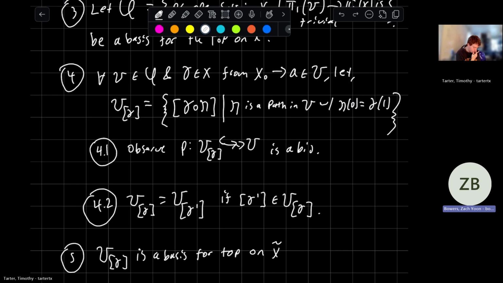Oh, I see. I completely missed it. Then there's a whole thing showing that that forms a basis for the topology on X tilde.